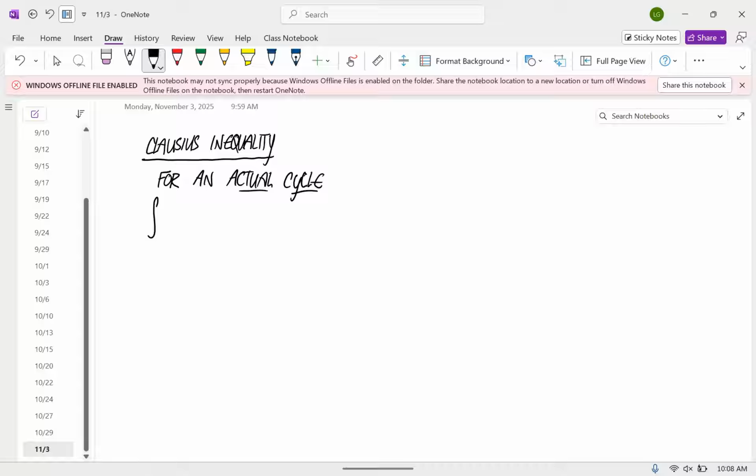The integral of squiggly dQ over temperature for the cycle around the whole boundary is less than or equal to 0. And it equals 0 for a reversible cycle.